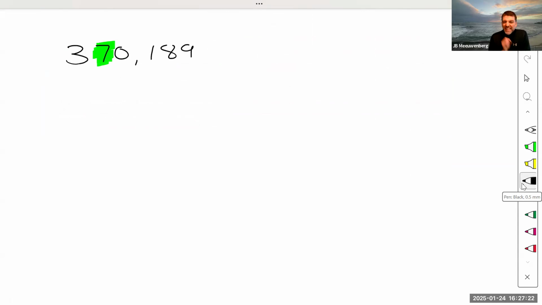What is the value of that 7 that's right there? So go ahead and think about that. Hopefully what you noted is that that 7 has a value of 70,000. It's in the 10,000th place, so its value is 70,000. What about this? What's the value of that 8 right there?